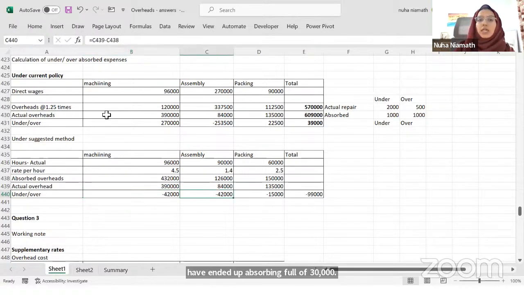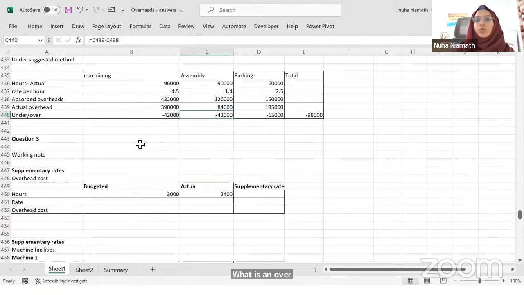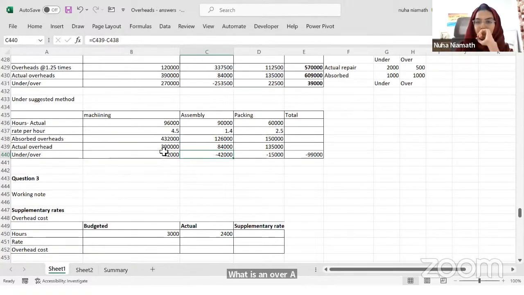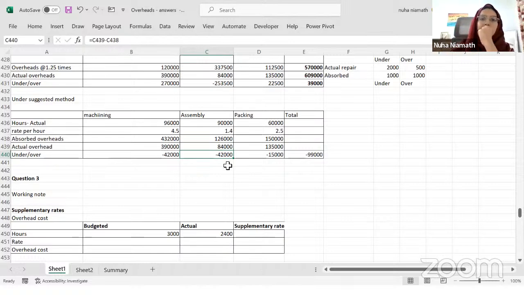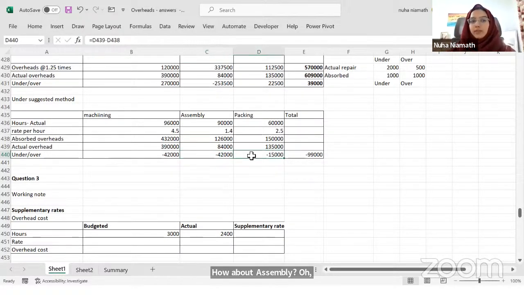Assembly 40,000. Do you think it's over or under? How about assembly? Over, great. How about packing? Over. Yes.